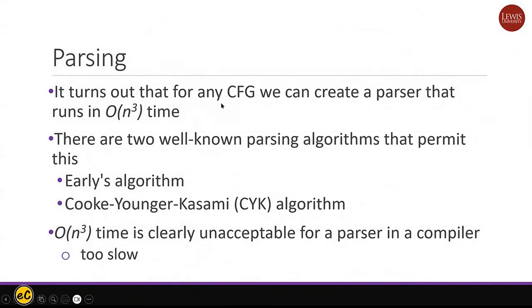It turns out that for any CFG, we can create a parser that runs in order of n cubed time. There are two well-known parsing algorithms that permit this: the Earley algorithm and the CYK algorithm. Order n cubed time is clearly unacceptable for a parser in a compiler, too slow.